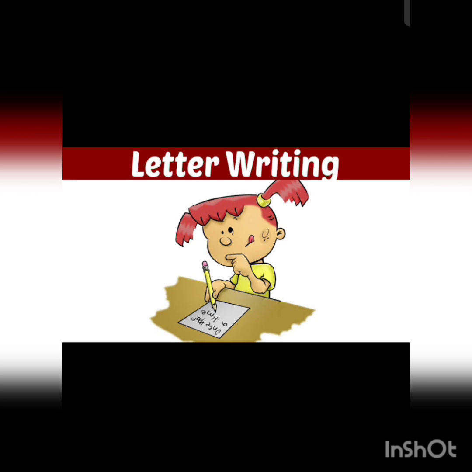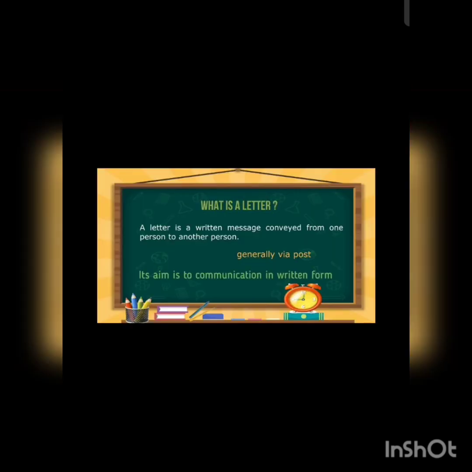Now we are going to see what letter writing is. First, let us see what a letter is. A letter is a written message conveyed from one person to another person, generally via post.